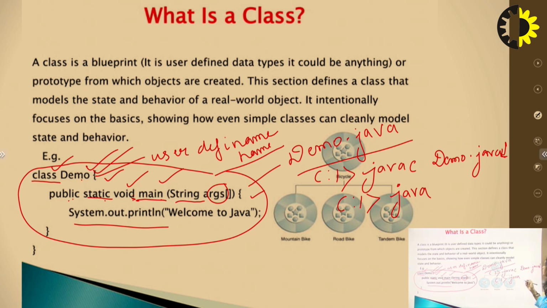That can be executed with the command java, and then we write the name of the file, demo. After that, we will get our output. In this case, the output is "welcome to Java". So this is a simple program to run a class in the Java programming language using our JDK platform.